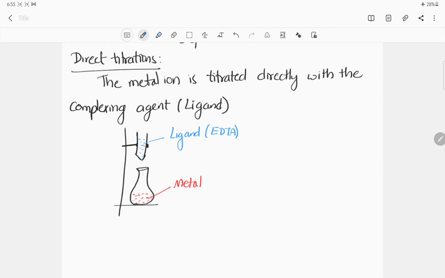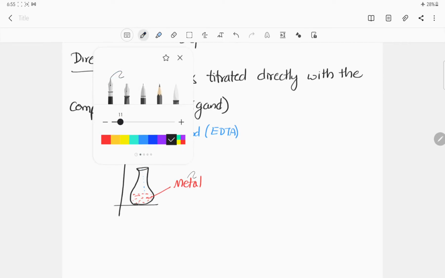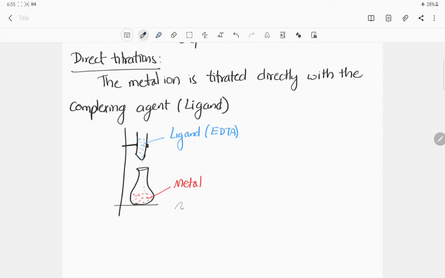Whenever ligand is added directly to the metal, then metal reacts with ligand and forms a complex. Metal plus ligand will result in formation of complex at equivalence point.